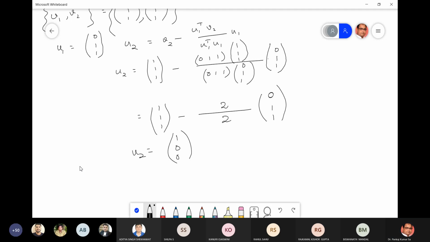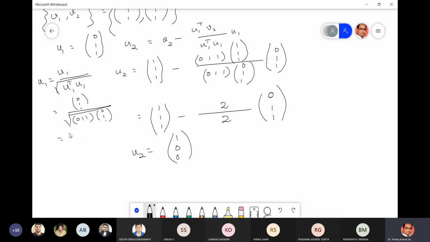Okay. So now normalize it. u1 is equal to u1 upon the square root of u1 transpose u1, which is 0, 1, 1 upon the square root of 0, 1, 1 times 0, 1, 1.